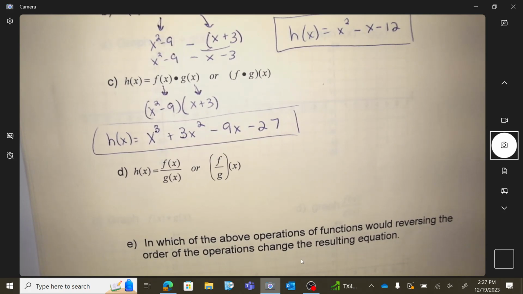A whole FOIL system, and then actually there's nothing else you can do. No combining terms.